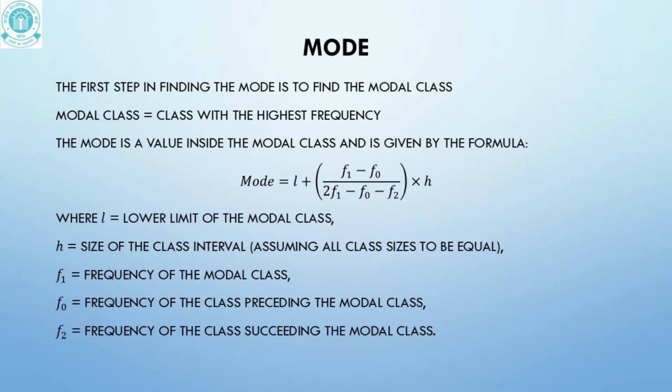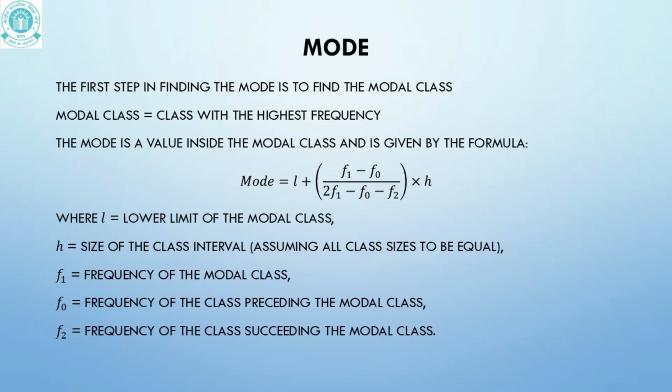The first step in finding the mode is to find the modal class. Modal class equals the class with the highest frequency. The mode is a value inside the modal class and is given by the formula: mode equals L plus, inside the bracket, f1 minus f0 divided by 2f1 minus f0 minus f2, bracket closed, multiplied by h, where L equals the lower limit of the modal class, h equals the size of the class interval.